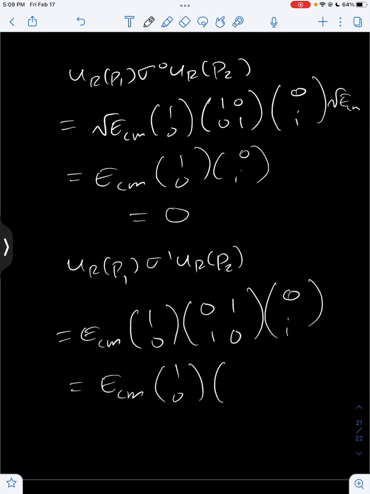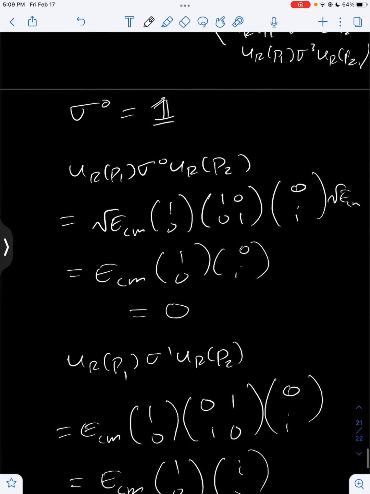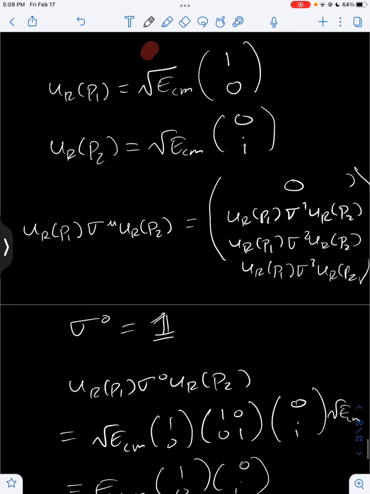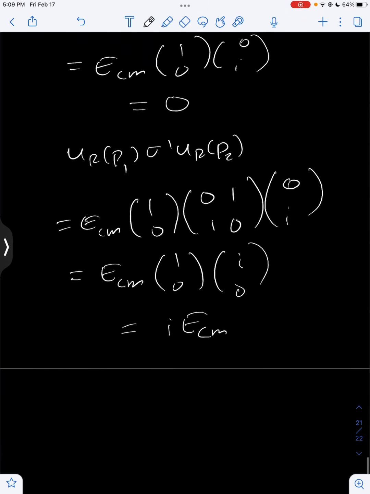And then doing the multiplication in our heads real quick, this is going to give us 0. So we're going to have I ECM for the second entry. So we know that we're going to have ECM for each entry, right? So we can pretty much just factor out the ECM. And this is just going to be equal to I, as in the imaginary number.